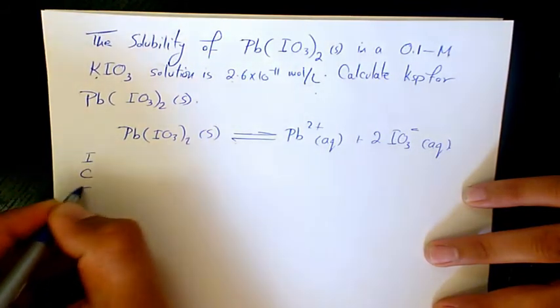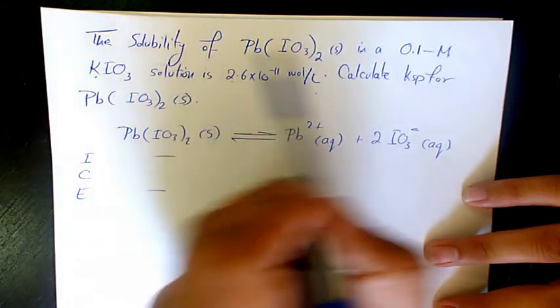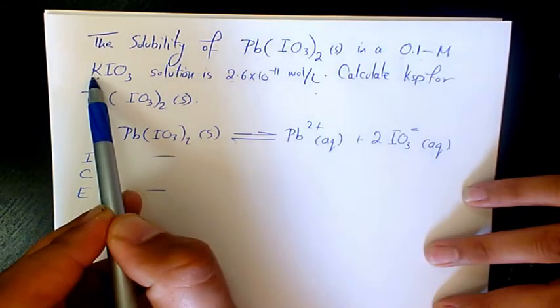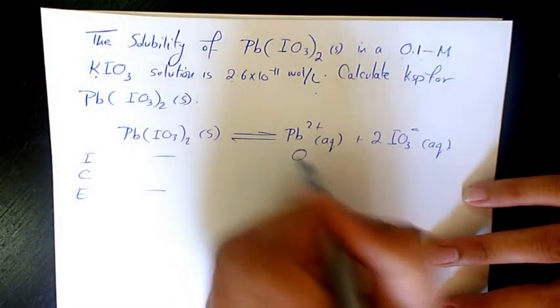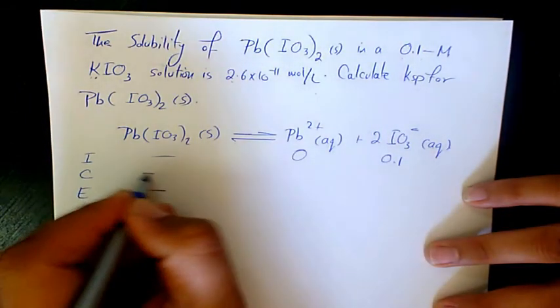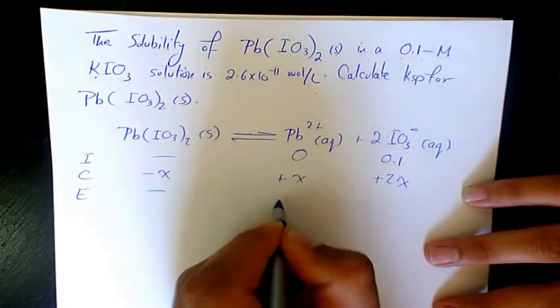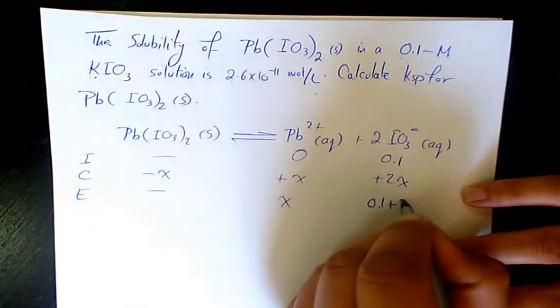Initial, change, equilibrium. The solubility in 0.1 molar of potassium iodate. So there is no Pb initially, but here this one is 0.1. Negative x plus 2x. So we have x and 0.1 plus 2x.